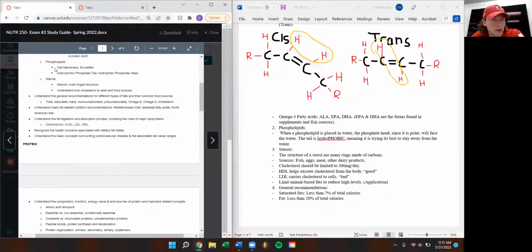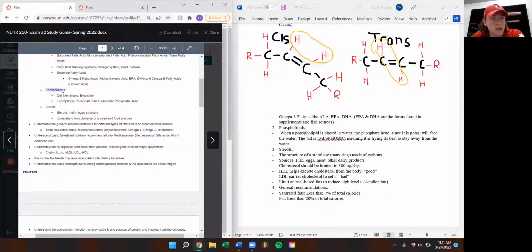All right, so we'll keep on moving. We'll go to phospholipids. For phospholipids, I think the main thing here is understanding the structure of it and understanding how it acts in the body. So when a phospholipid is placed in water, the phosphate head will face the water, whereas the tail of it is going to be congregating in the middle, trying to stay away from the water.